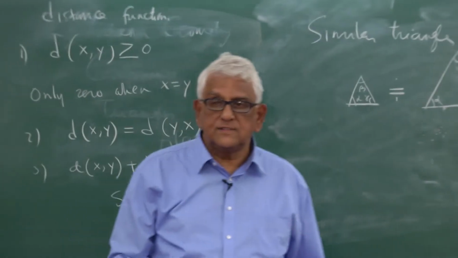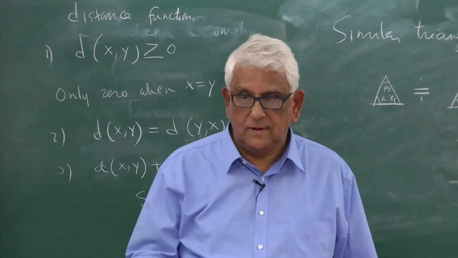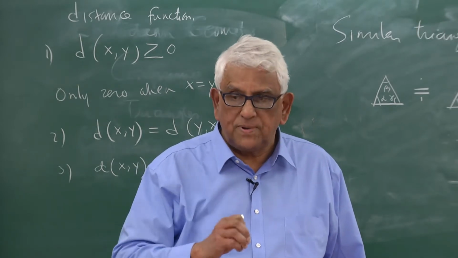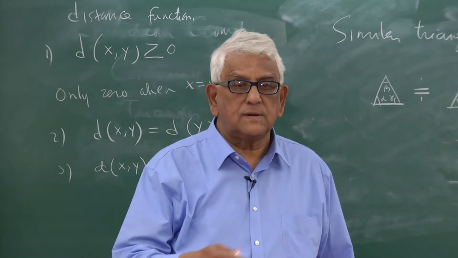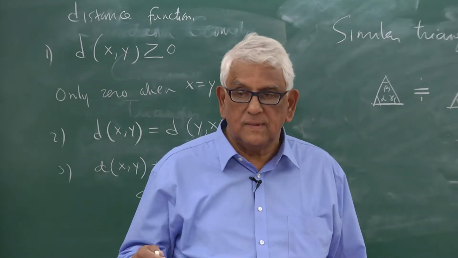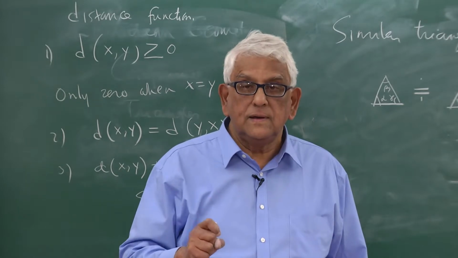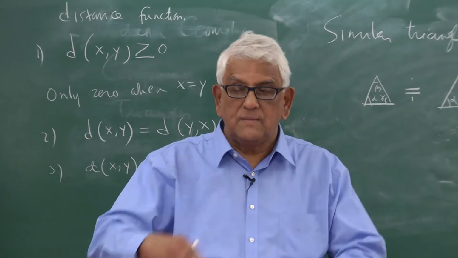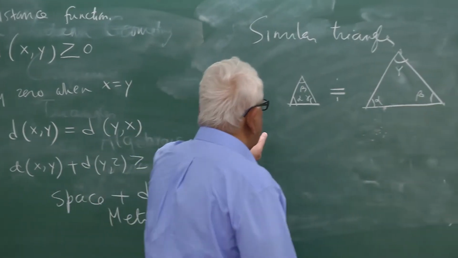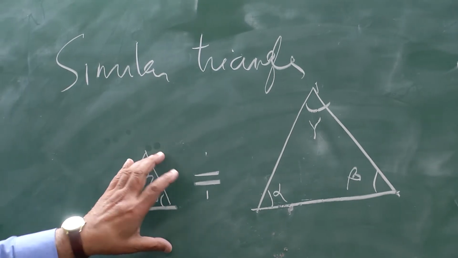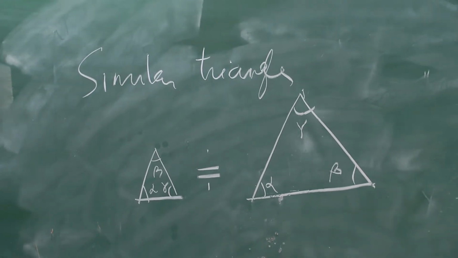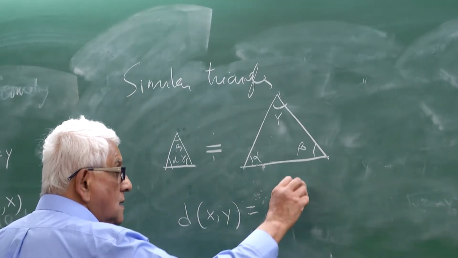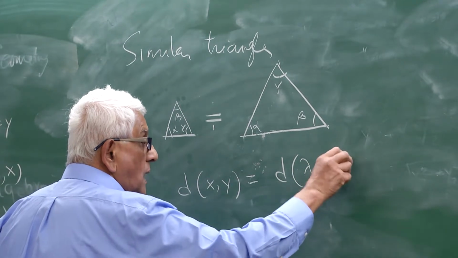Two triangles may not have the same lengths, but if they have the same angles, that is they have the same shape, then in certain problems you might like to consider them the same. So, the notion of equality has been changed. Things are equal when they have the same angles, and so if I describe this in terms of coordinates, what this means is d of x y is equal to d of lambda x lambda y.